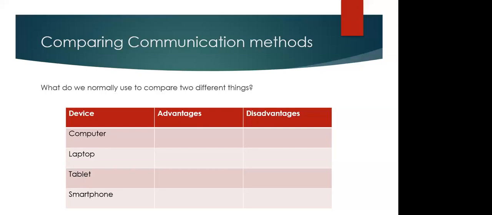A laptop does not need more connections like a computer. Come again. A laptop does not need more connections like a computer. When you connect a monitor, okay, a system unit. Yes.